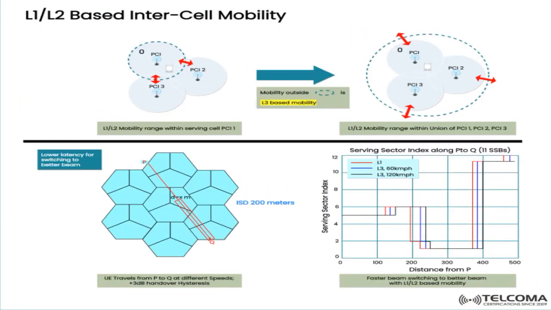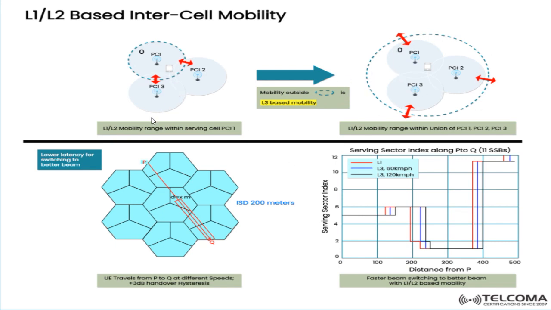We can see here L1 L2 based inter-cell mobility. Serving cell PCI 1, 2, 3: L1 L2 mobility ranges within serving cell PCI 1. For PCI 1 we have mobility to PCI 2 and PCI 3, and mobility outside is layer 3 based mobility.